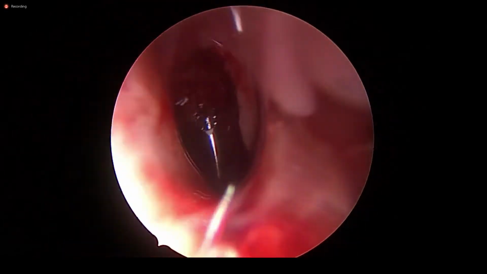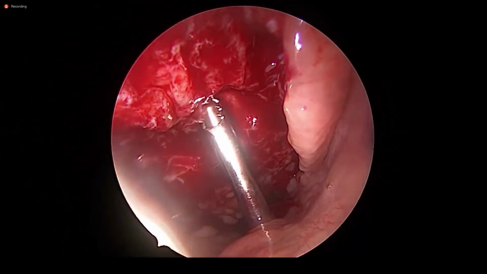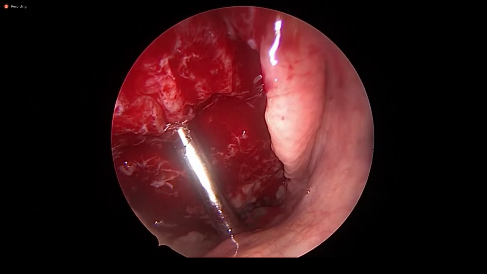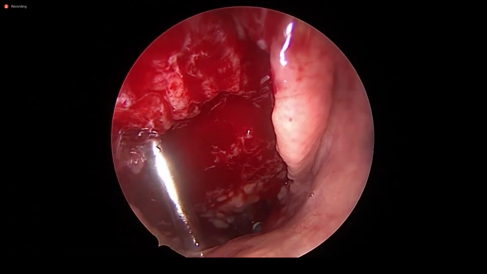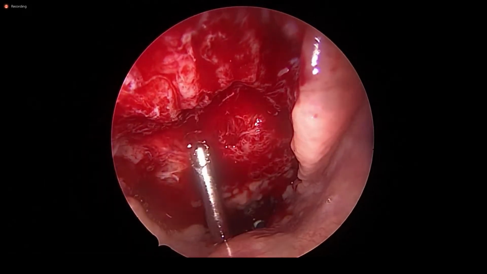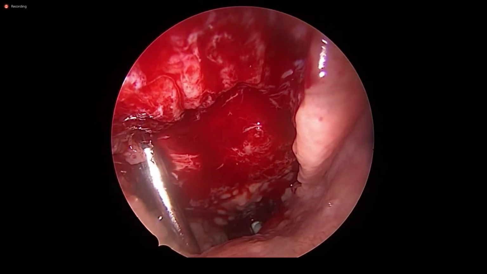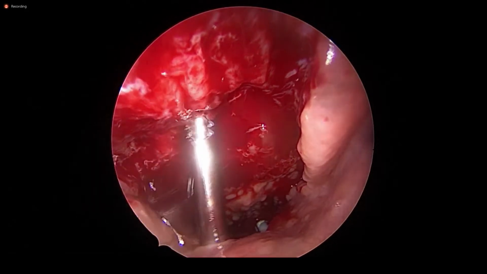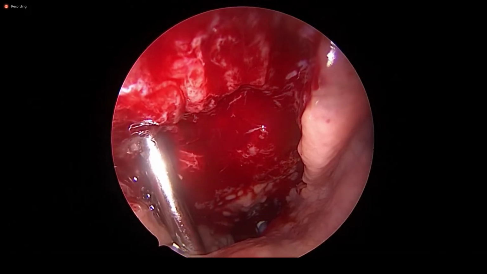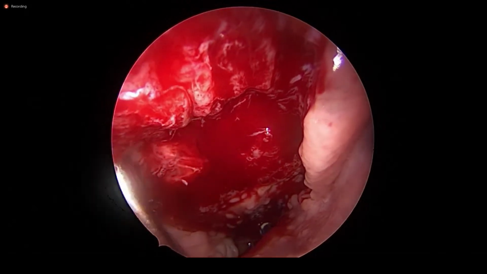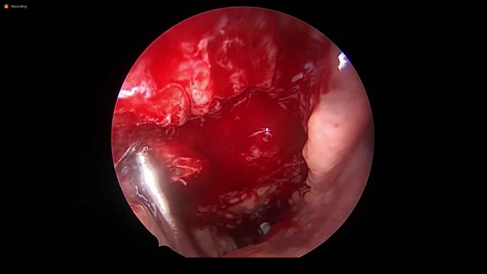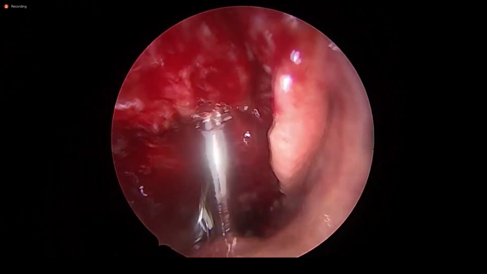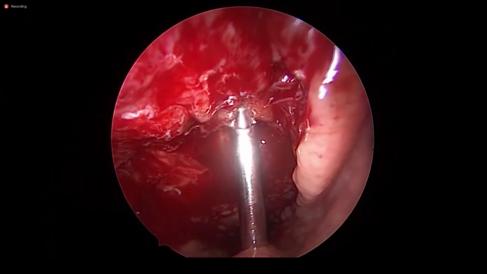See this? Keep going up in the perimysial plane. My plane is, see, this is the perimysial plane. With the debrider, you don't char the perimysium. That's the only reason for using the microdebrider in spite of the minimal bleeding it gives. See this?